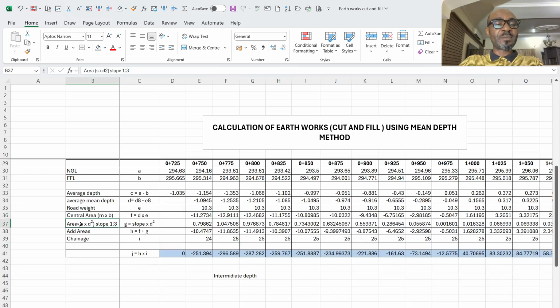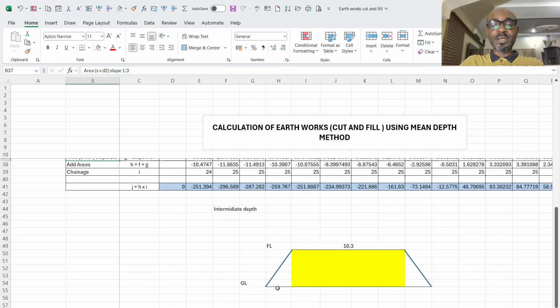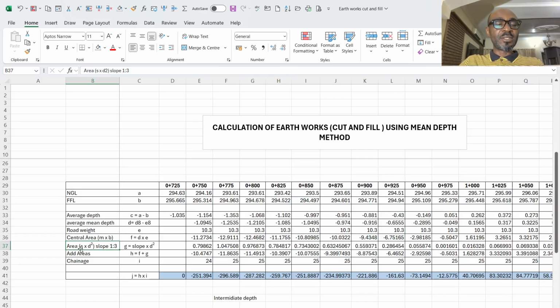Then for me now to get the sloping side, because the slope says ratio 1:3, what you need to do is to divide 1 by 3, then multiply your answer by the square of the depth. You now have your area for the two. Like I said, if it is two different slopes, you have to divide by 2 and add them together. So as you can see, I now did that.